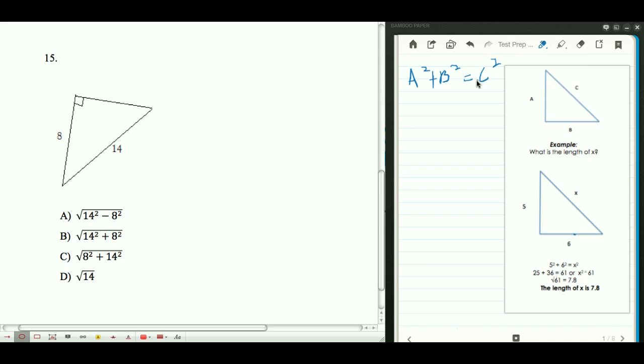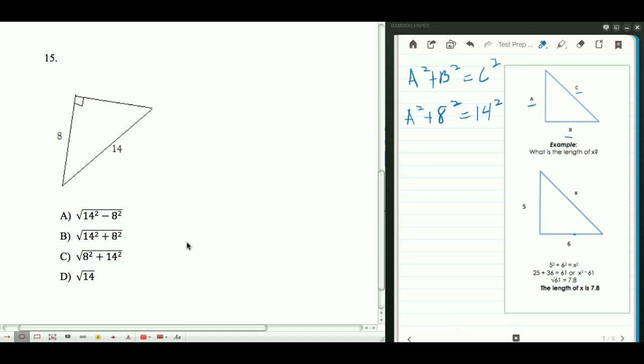Going off the general formula from this example, where you have a, b, and side c, it looks like here we don't know what side a is. So we're going to write out how to solve for that. b squared is going to be 8 squared, and then c squared, always that long side, is 14 squared.